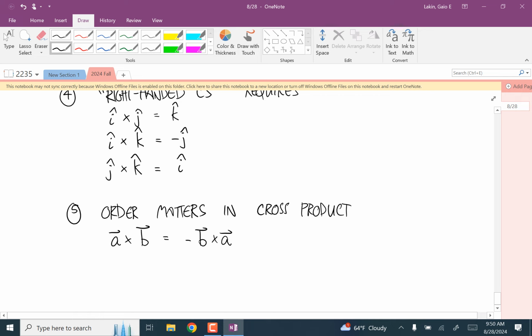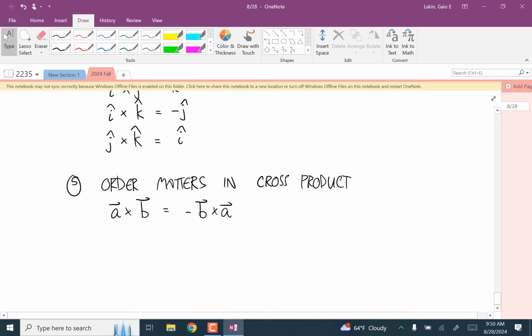With a dot product, you can switch the order, whereas A dotted with B is the same thing as B dotted with A. Okay, any questions about that? So I'll just assign a few more of those vector problems, and then we'll get into some real statics pretty soon.